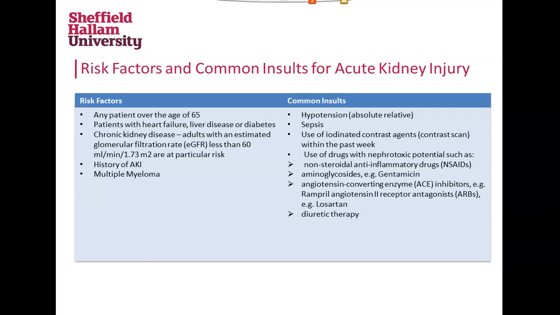In liver disease, so people with chronic liver conditions put an increased demand upon their kidneys to function and to eliminate waste products. So anyone with a liver disease is at risk of an acute kidney injury. And the same with diabetes.